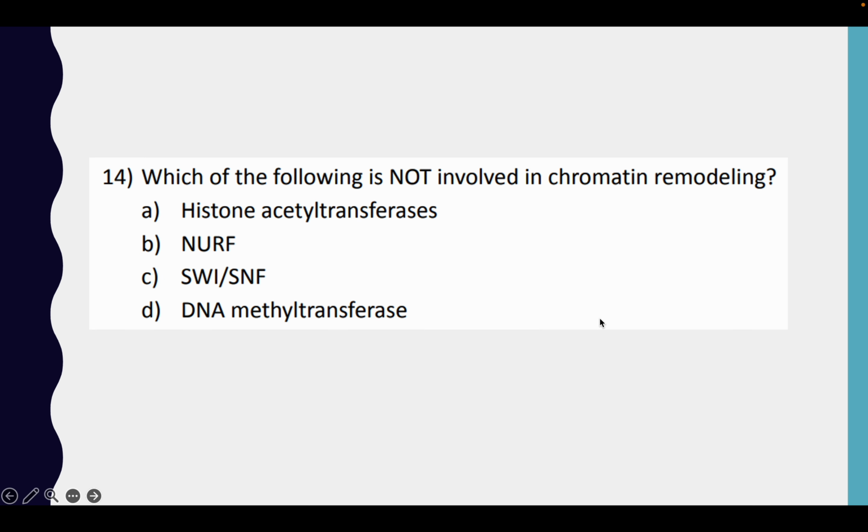Which of the following is not involved in chromatin remodeling? Histone acetyl transferases, NURF, SWI SNF, or DNA methyl transferase?